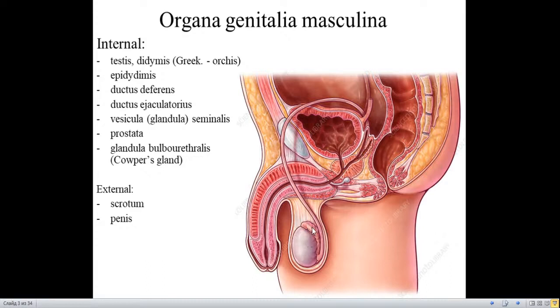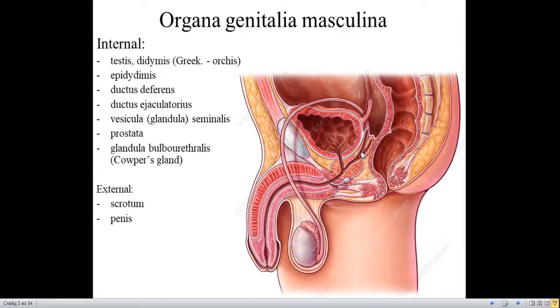Next organ, epididymis, which is attached to the posterior border of testis. Next organ is ductus deferens, a very long tube which conveys sperm. Sometimes it is known as vas deferens. You can use both terms.